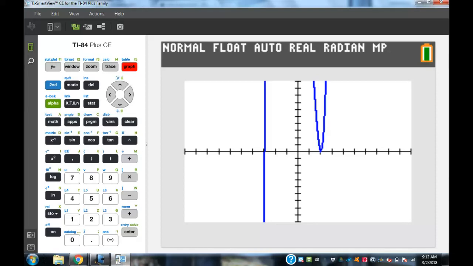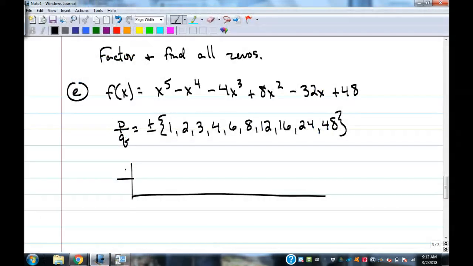All right, now, doesn't matter which one we start with. I'm going to go ahead and start with 2 and run it through with synthetic division. If I pick 2 for my first one, I know that I can run synthetic division with 2 at least twice. So I'm going to run it through once and see what happens.